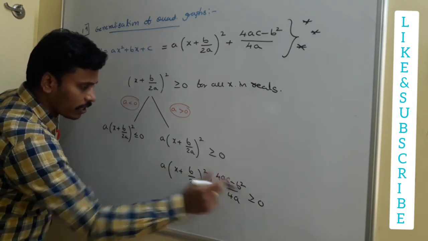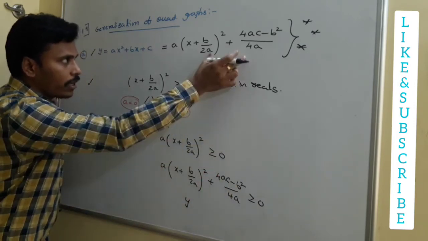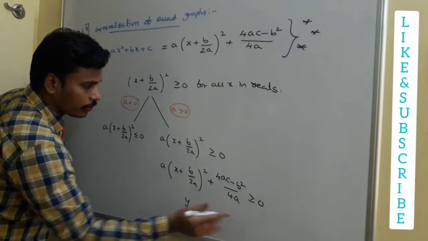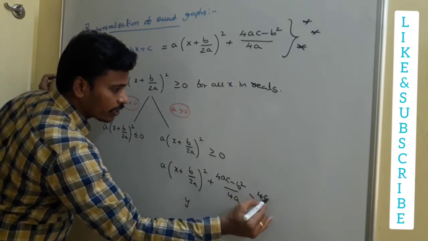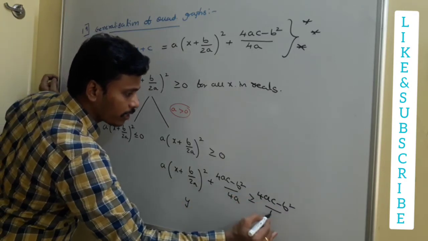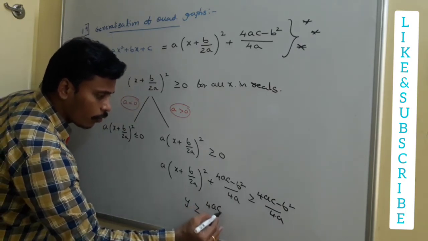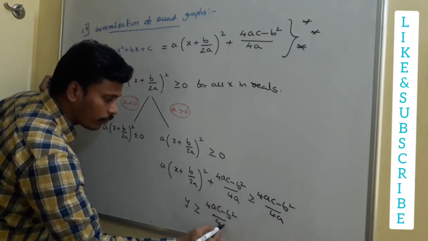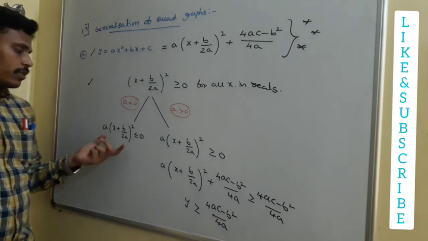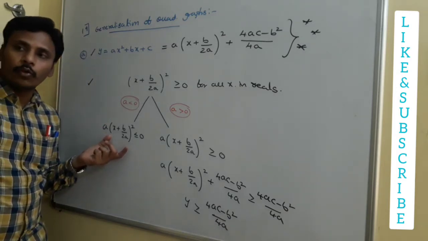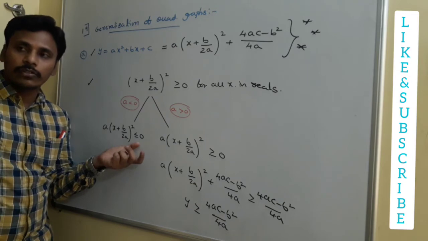That in the sense, this is nothing but what? Y only, no? This is y, right? Not 0. We are adding (4ac minus b square) by 4a on both sides. And now this is y, which is greater than or equal to (4ac minus b square) by 4a. And now have a look at this. A into (x plus b by 2a) whole square is less than or equal to 0.